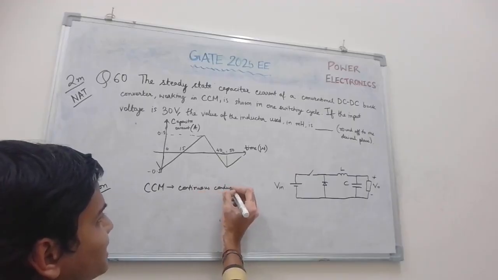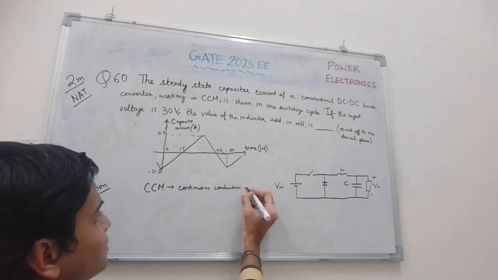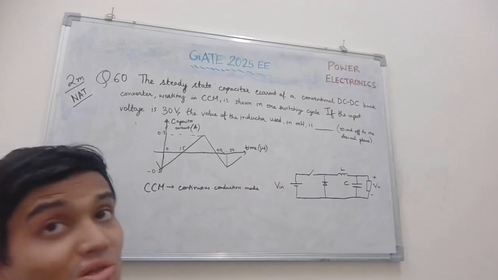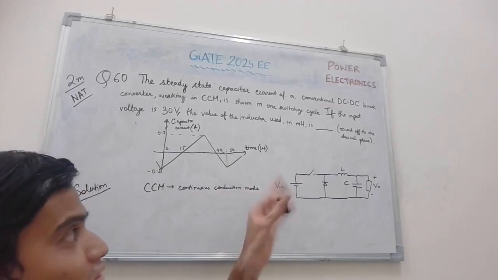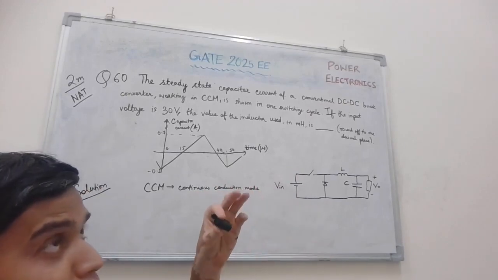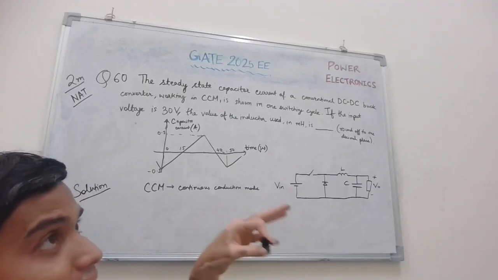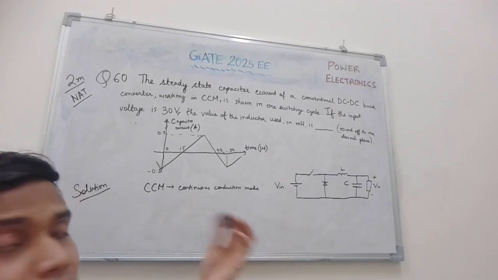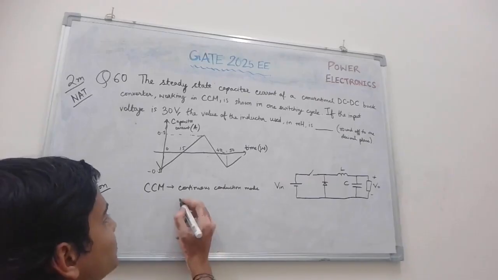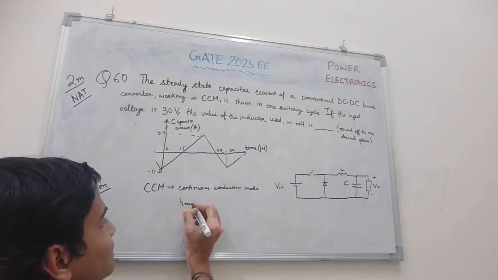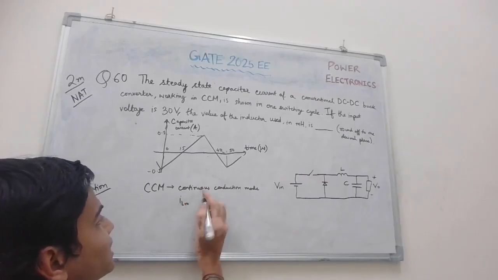That is, the inductor current does not become zero at any instant. It flows continuously, with two extremes, IL max and IL min, where IL min is greater than zero.